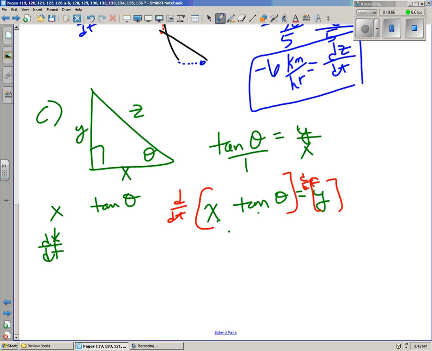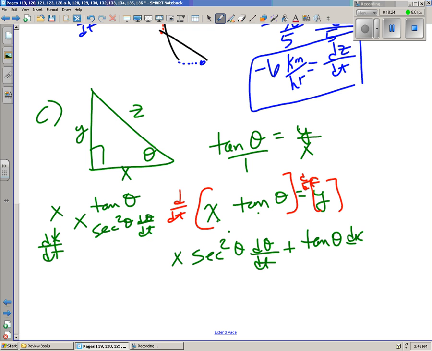The derivative of tan theta is secant squared theta d theta over dt. And we're going to cross these guys. So we get x secant squared theta d theta over dt plus tan theta dx over dt equals dy over dt.